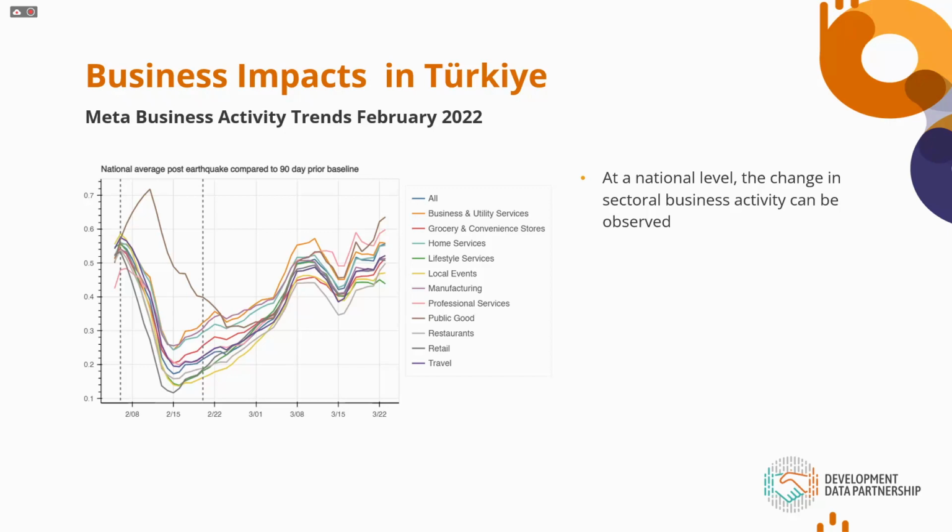Another indicator we looked at was the change in mobility. And for this, we used data from one of our data partners, Veriset. Veriset provides GPS location data, which can be used to track movement between locations. And using a working methodology, we saw that the number of visits to points of interest generated by these smartphones, especially in construction sites, which is the yellow line you see here, had dropped significantly after the earthquake.